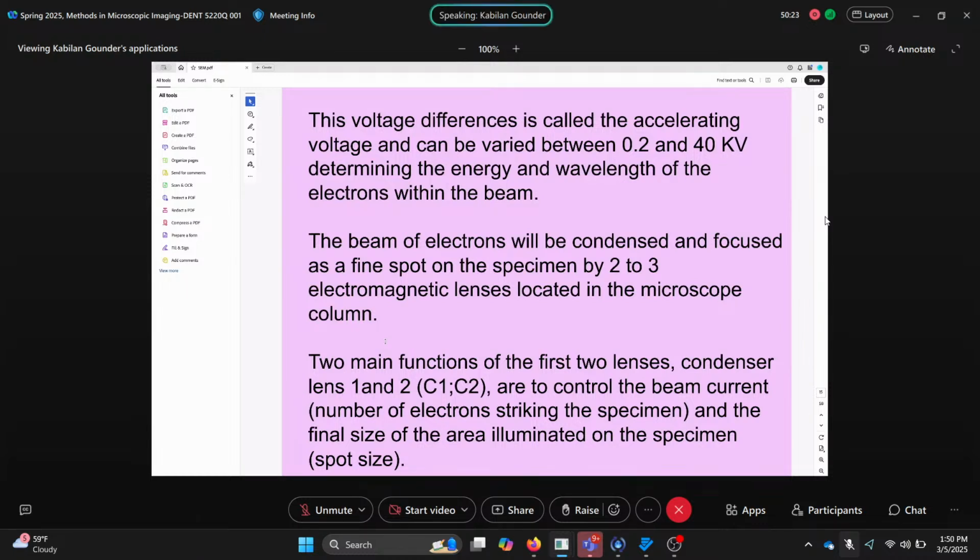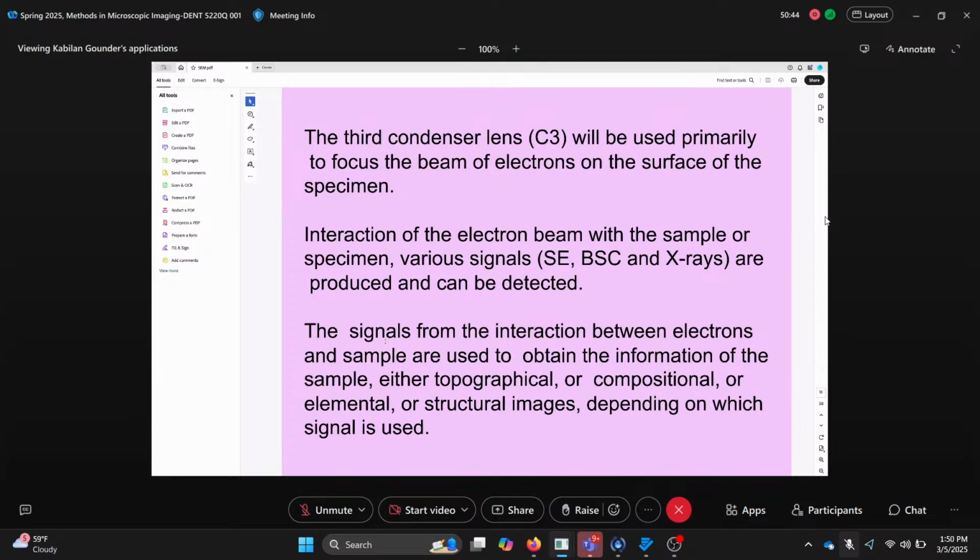The first two lenses are condenser lenses and control the beam current. The final size of the area illuminated on the specimen, that is the spot size, is also controlled by these condenser lenses. The third lens is used primarily to focus the beam of electrons on the surface of the specimen.